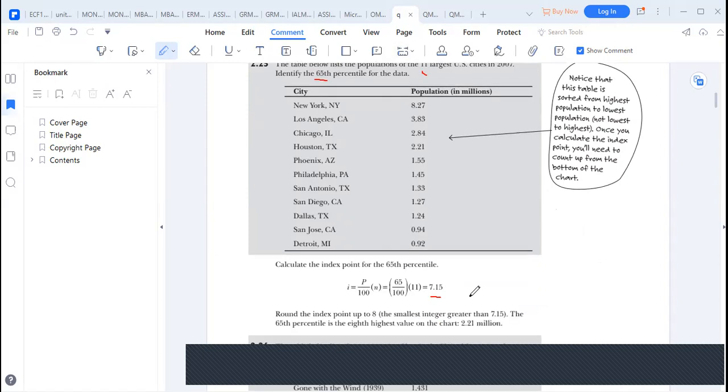So we round off to the upper integer. Even if it's 7.05 or 7.95, we get the 8th figure. Counting from here, 1, 2, 3, 4, 5, 6, 7, 8. All right, so this is our 65th percentile, which is 2.21.